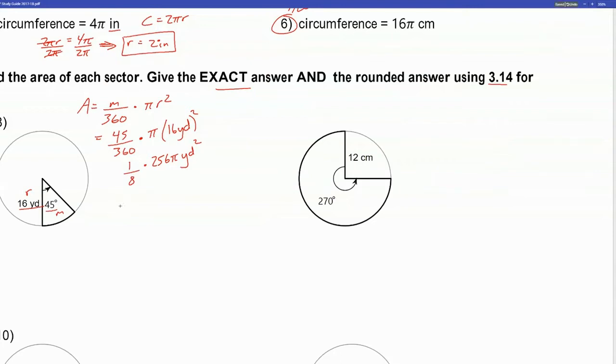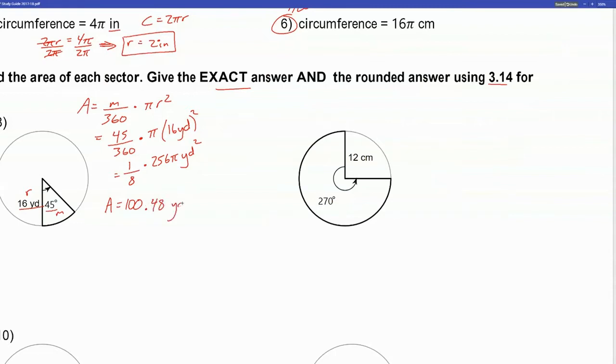So you could just use your calculator, 45 divided by 360. You get 0.125 times the 256 and also times the 3.14. And you should get 100.48.